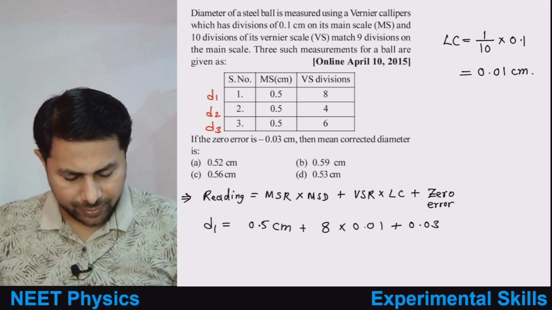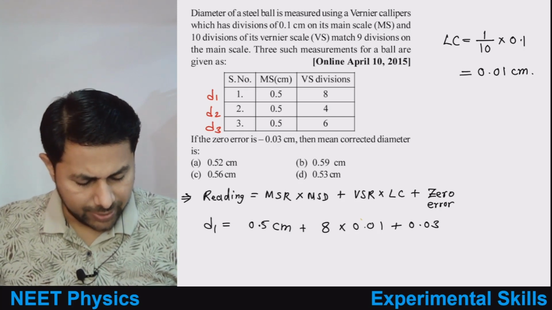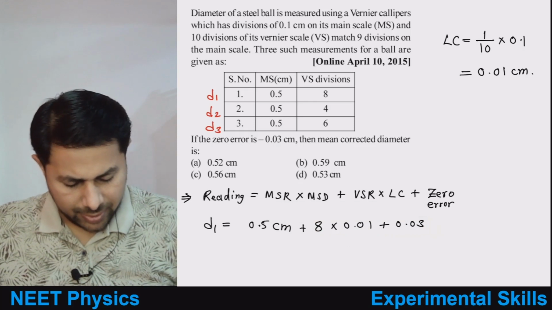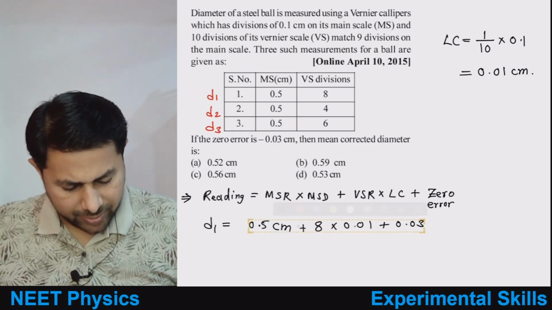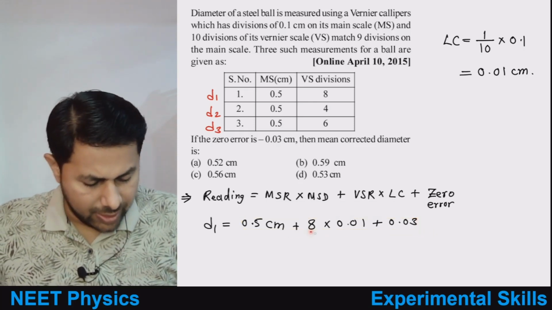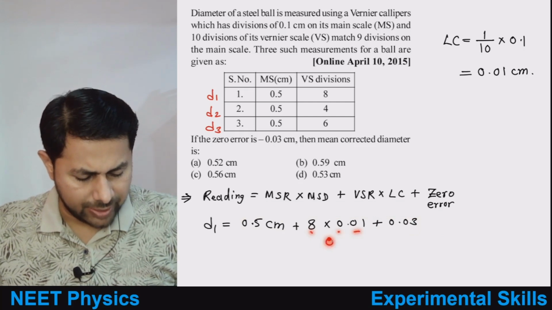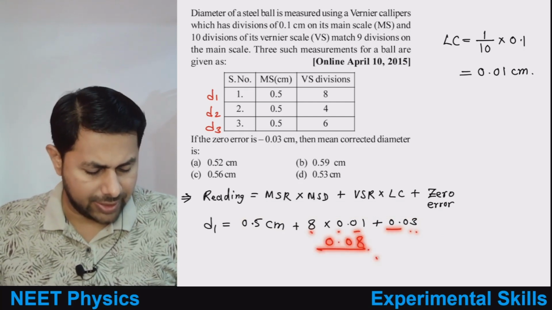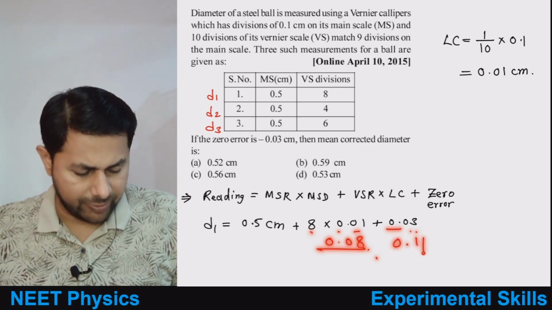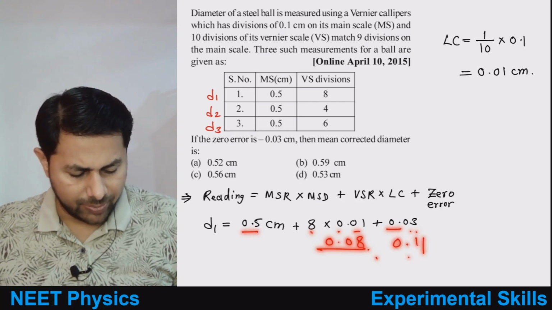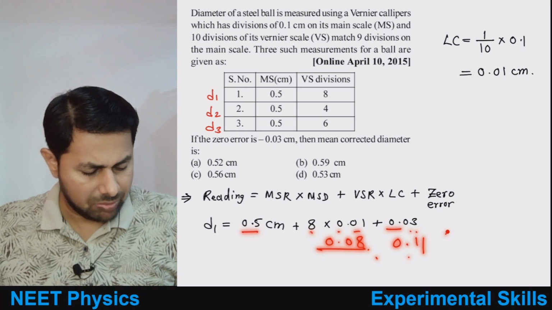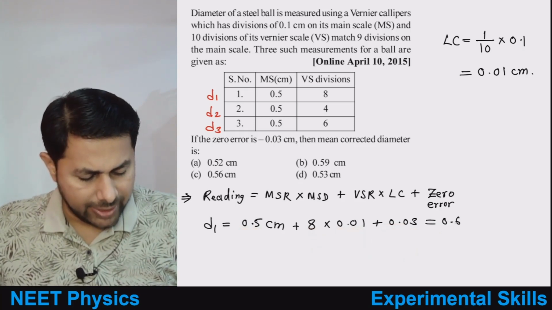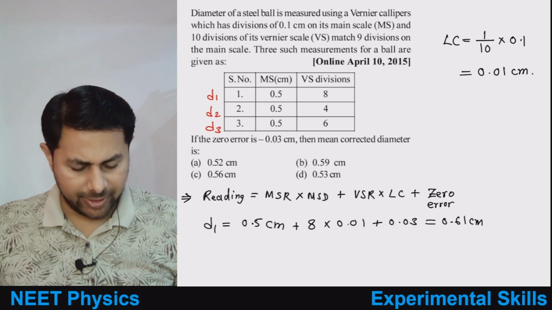Calculating this, 8 times 0.01 is 0.08. 0.08 plus 0.03 is 0.11. So 0.5 plus 0.11 means it is 0.61 centimeters. This is the first reading.